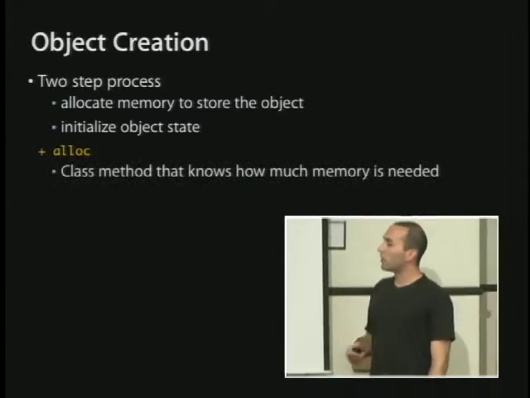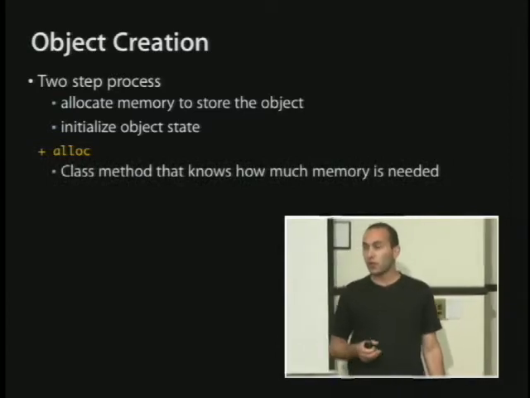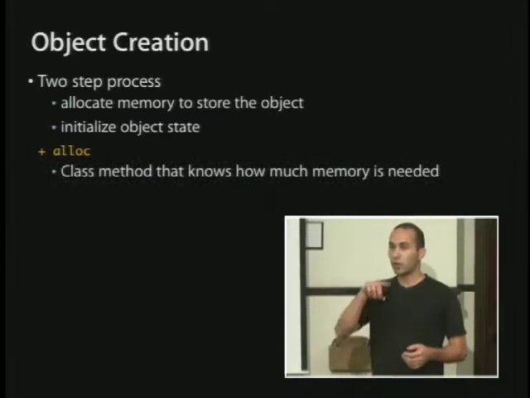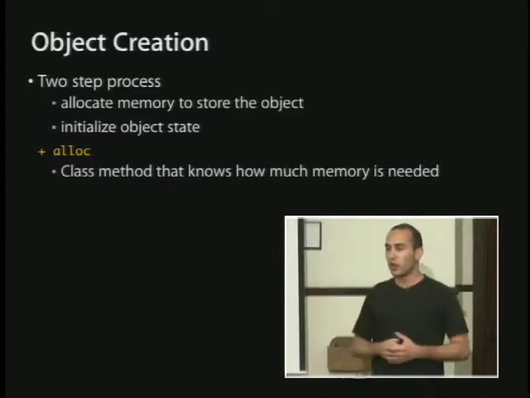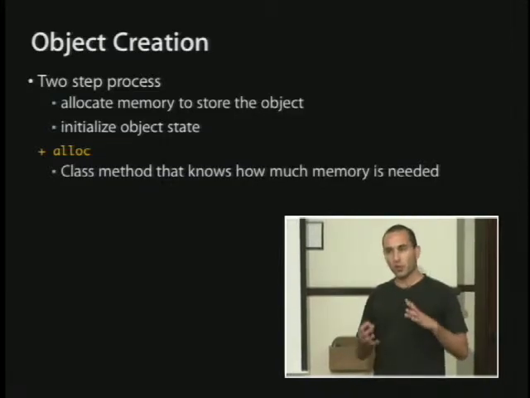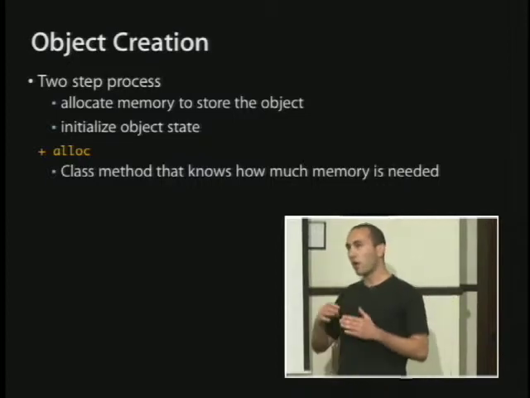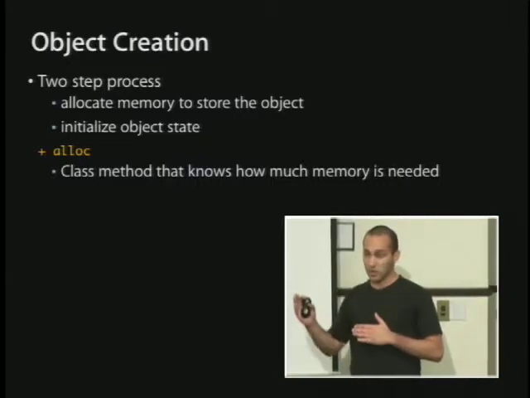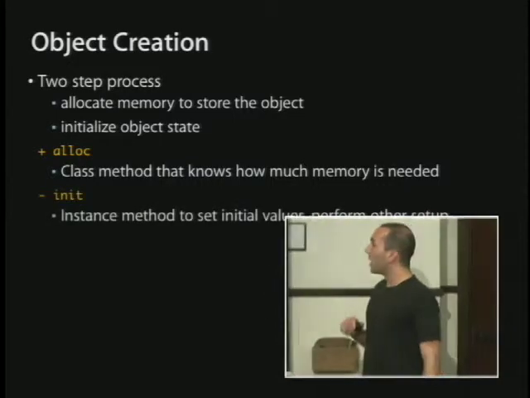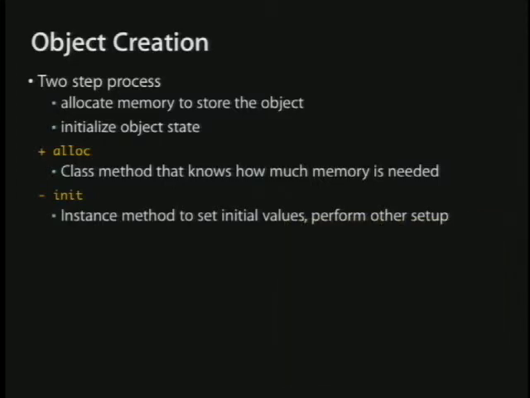So let's take a look at this. Alloc is a class method. So in the case of person, I would call person alloc. What that does is it creates the block of memory that's big enough to hold the person and all of the memory that is required by NSObject. And then we're going to call init. Init is going to do whatever we tell it to in our implementation of init, which could override some variables, it could set some initialization.